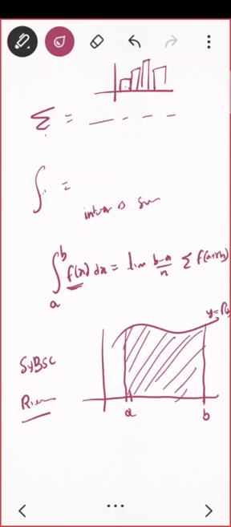I don't remember the other word now. So it was talking about discrete and continuous random variables. When you have a discrete random variable, you use summation and there is a probability mass function. And when you have a continuous random variable, then it will be a density function, the probability density function.